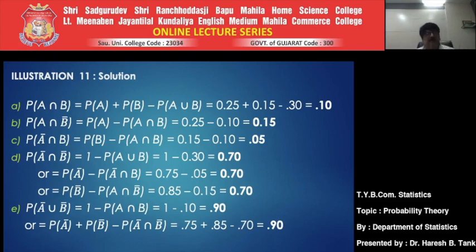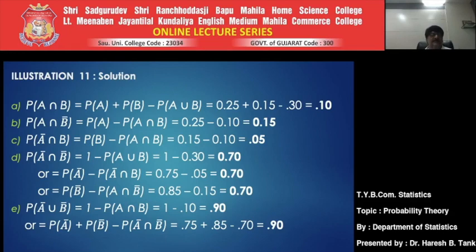Similarly, probability of A intersection B complement, as in the tabulated form, is probability of A minus probability of A intersection B. Both values are known to you. Probability of A is already given and probability of A intersection B we have just found, which is 0.10. So it is 0.25 minus 0.10, which comes to 0.15, and that becomes the ultimate answer.